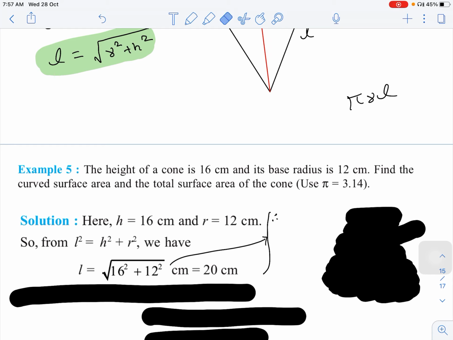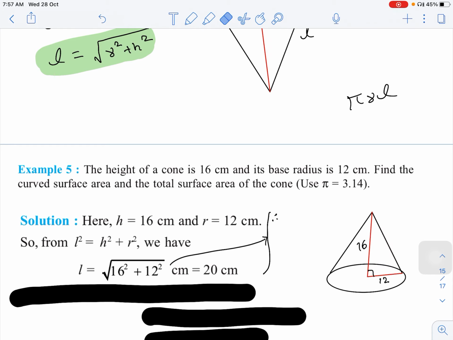So therefore we can write that L equals under root. Now 16 square is, sorry, it's not 196, it's 256 over here.